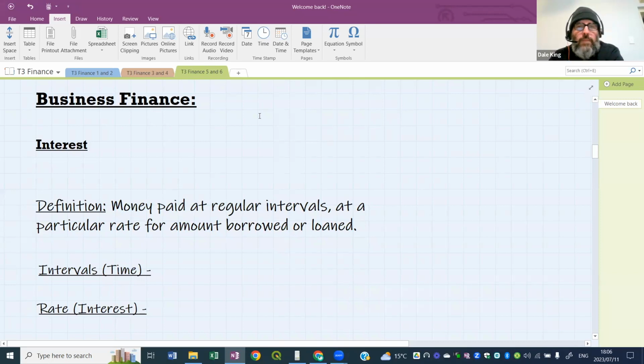So we're talking about interest. Now, in terms of topics in school, I believe this topic is the most important topic you could ever learn. If you forget everything else in school, I'm not saying you must forget everything else in school, but if you forget everything else in school, please learn about interest.